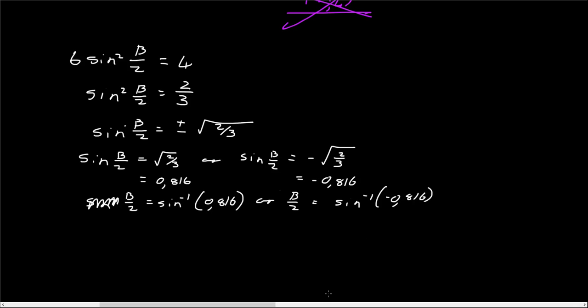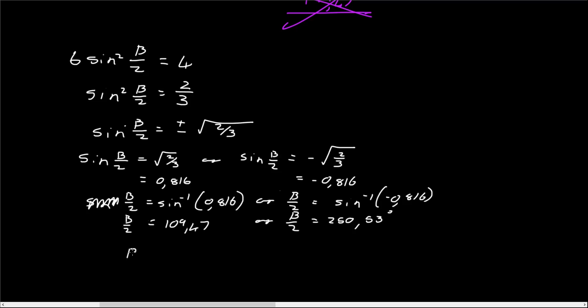Now, if we pop these into the calculator, we find that b over 2 is equal to 54.74, or b over 2 is equal to 125.26 degrees. Sorry, I skipped the line of work there.